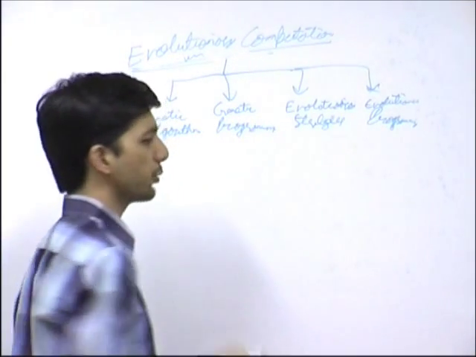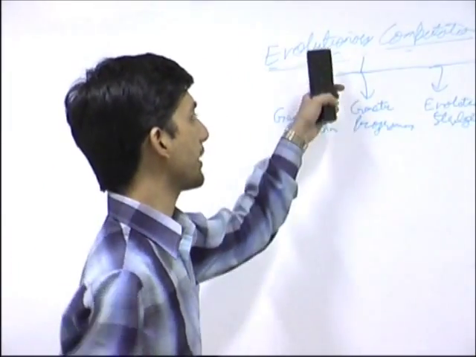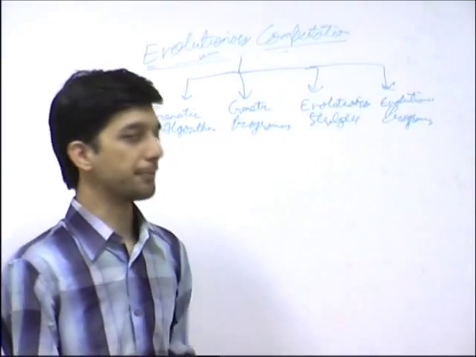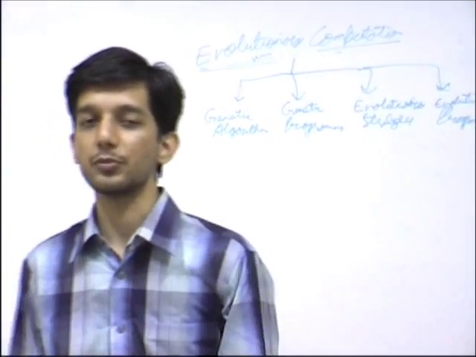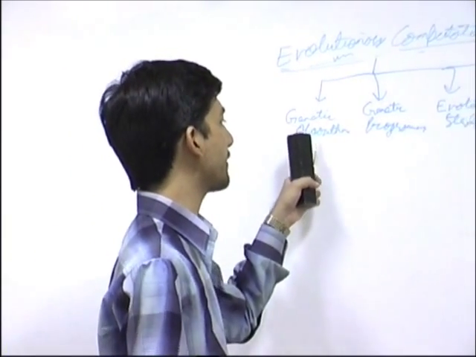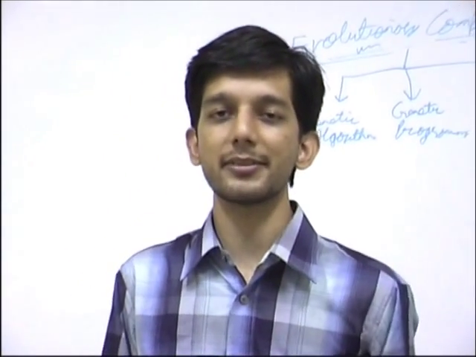So these are more or less the broad classification to which any evolutionary computing algorithm may be classified. We'll study very briefly each one of them, and I will delve straight away into the evolutionary algorithms in this couple of hours.